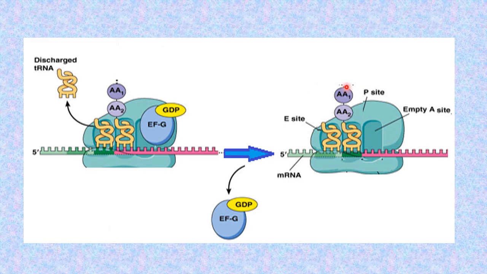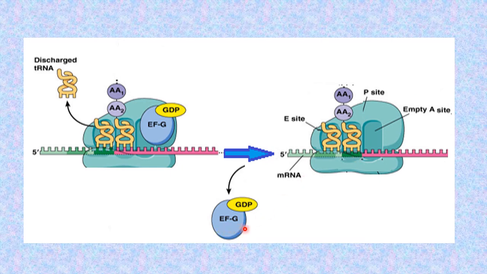That is, this amino acid chain present on the P site will detach from its transfer RNA. It will attach to the amino acid present on the transfer RNA that will now occupy the A site, the fresh transfer RNA, and the peptide bond will form. So there is elongation of the amino acid chain at this A site.